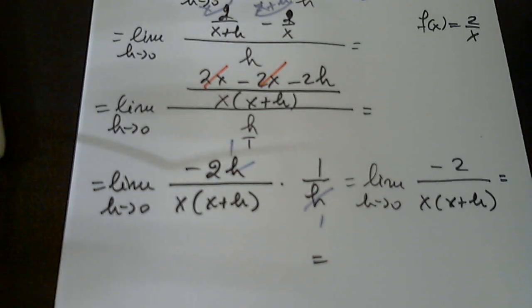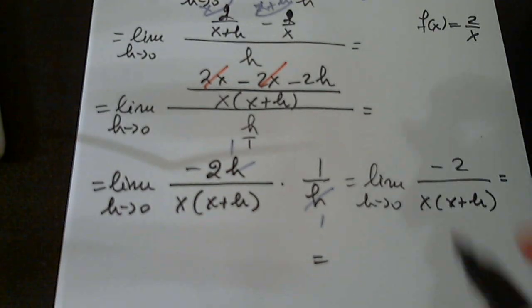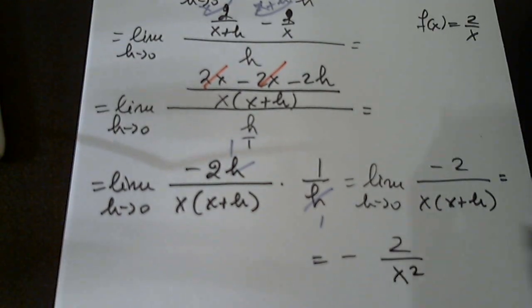The limit as h approaches 0. h approaches 0. What is left? It would be negative 2 over x squared. Exactly. Negative 2 over x squared.